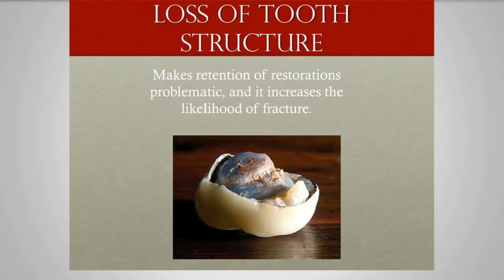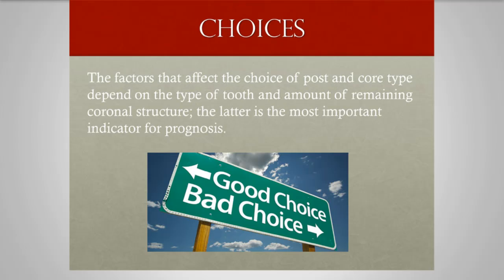And the more tooth structure that we have, the better. But as we lose tooth structure, we always have to remember that that's the basis for the retention of these crowns. And you need that tooth structure. It's very, very important, because without it, you do have failure. So what affects what we do? There's always a choice.